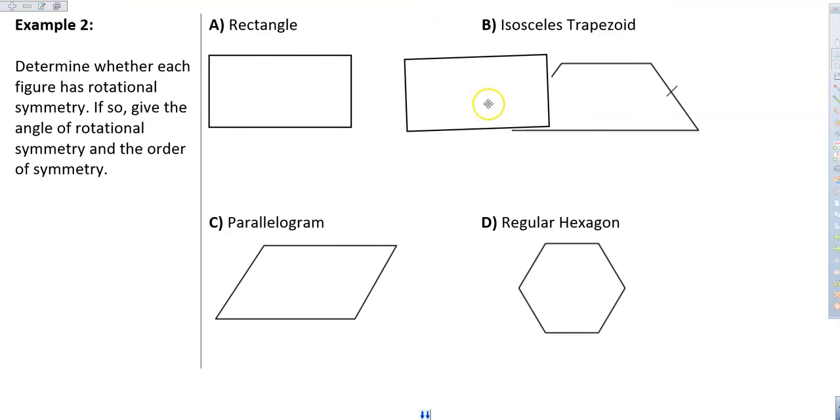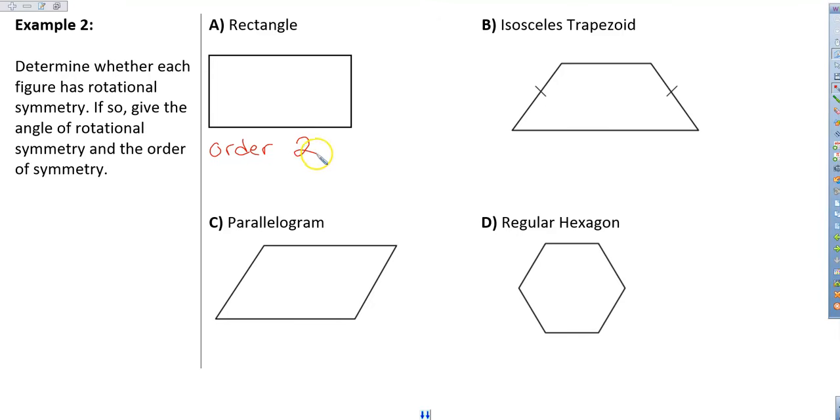I can spin it a full half a turn, and that will take me back to looking the same. So my order of symmetry is 2. So my angle of symmetry is going to be 360 divided by 2, which is 180 degrees.